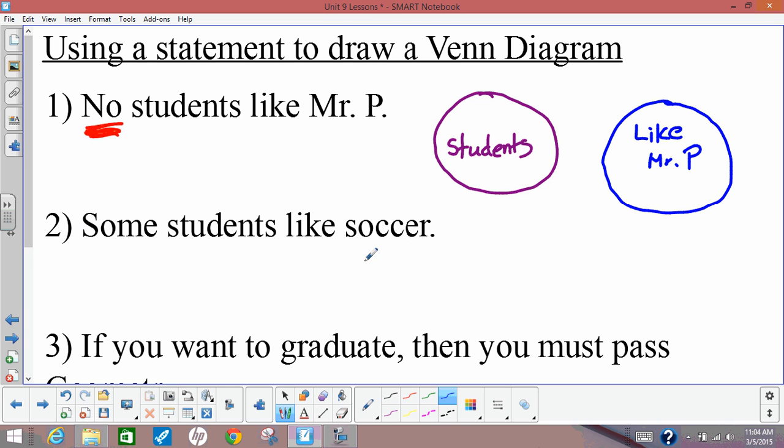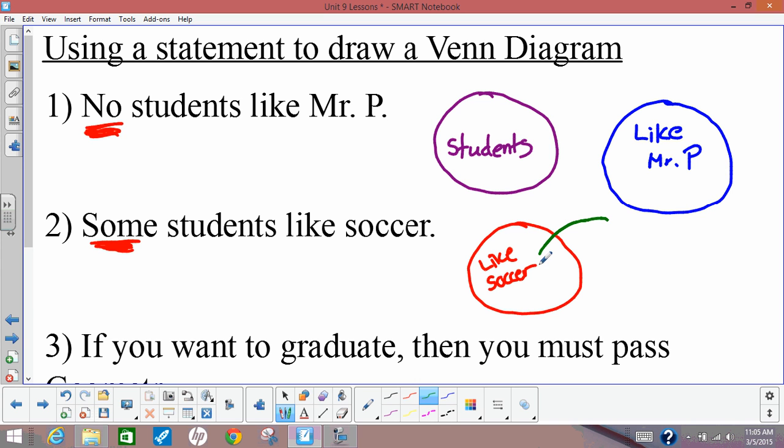Over here we have some students like soccer. Again, from our first page when we first started talking about Venn diagrams, some means we're going to have some overlap, but not all. So we'll have two groups, people who like soccer, and we'll have another group that overlaps here, students.